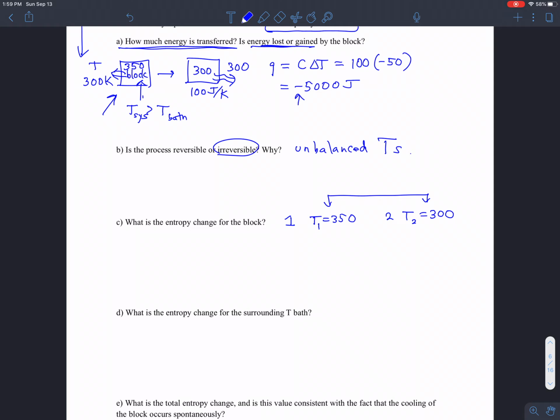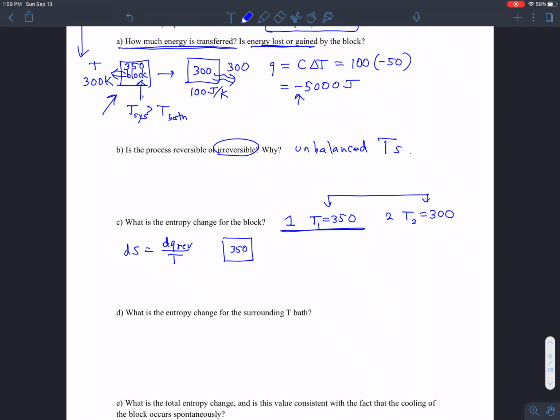We have to choose a reversible path in order to calculate entropy because we need a reversible heat change. dS is equal to dq rev divided by T. And we're going to assume that the reversible path, therefore, is that we started at 350 K, because we have to, right?